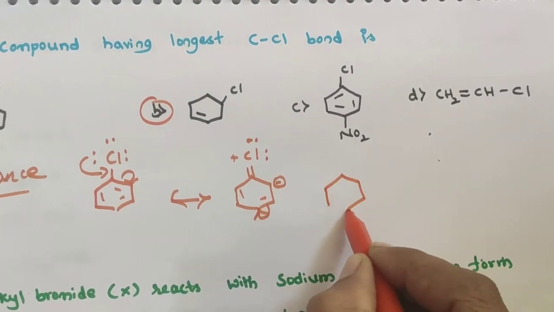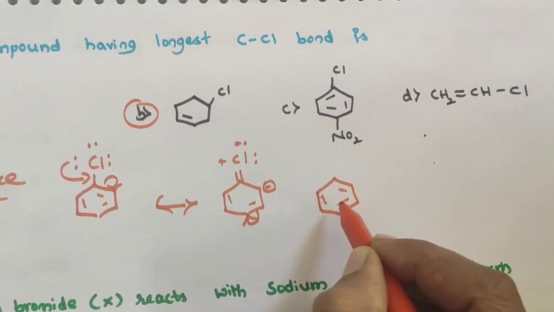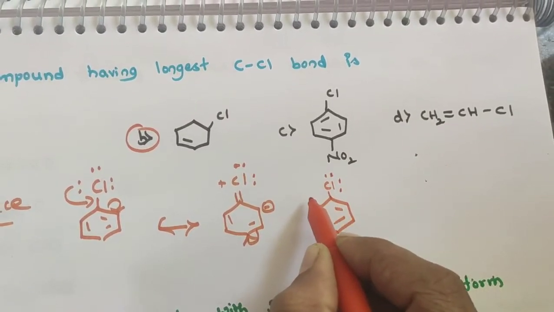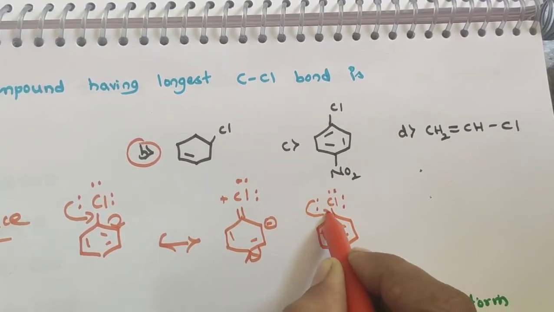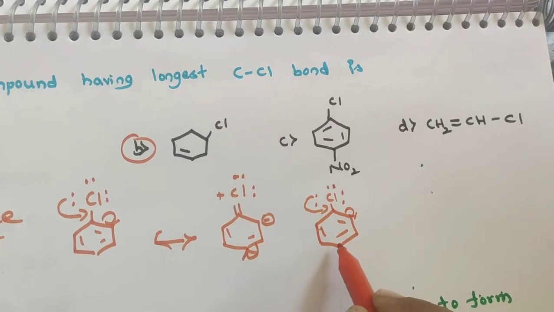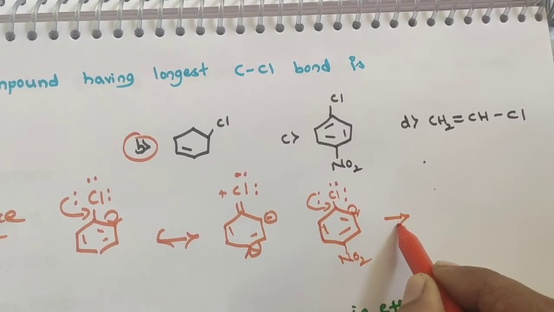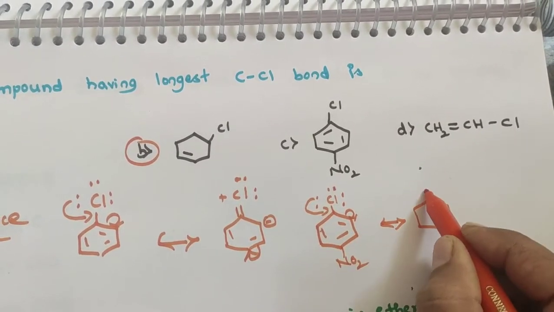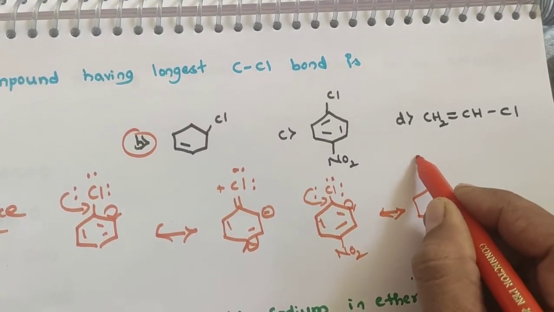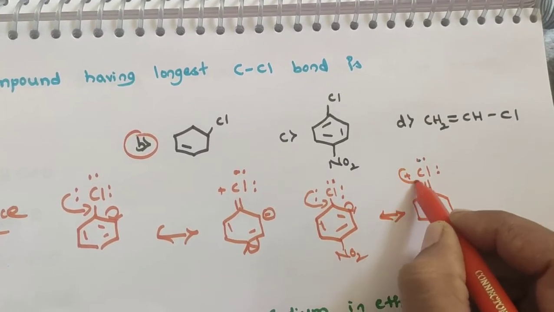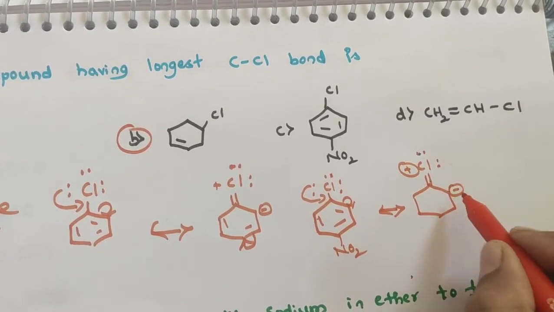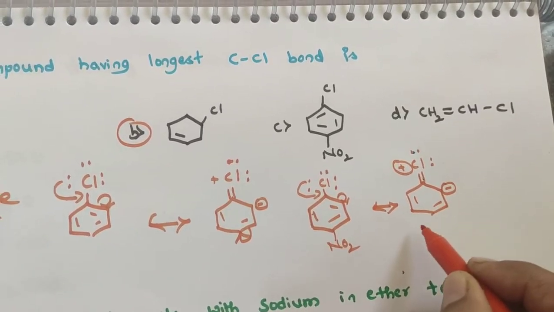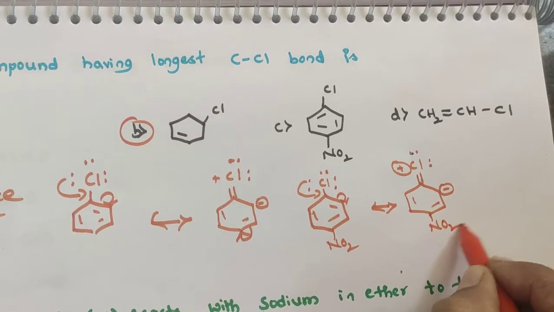Similarly in the case of 1-chloro-4-nitrobenzene, how is it? Just look here. Cl here as it is, and here there is a substitution of a nitro group. Next, after the shifting of this, there is a formation of a double bond, a lone pair of electrons, a positive charge, and here a negative charge because the bond is going to shift to this carbon atom, then here the bond, and next is the nitro group.